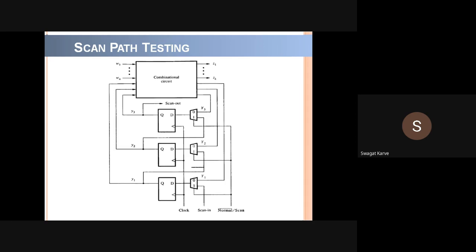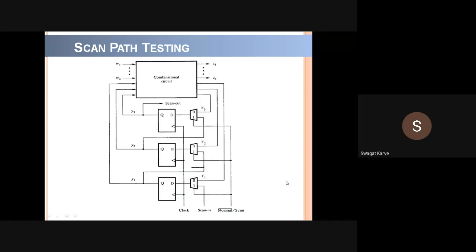First, you have to enable the scan pin. This is the first step. Second step, after enabling the scan pin, you have to scan in the data.